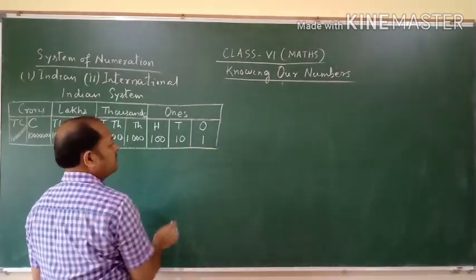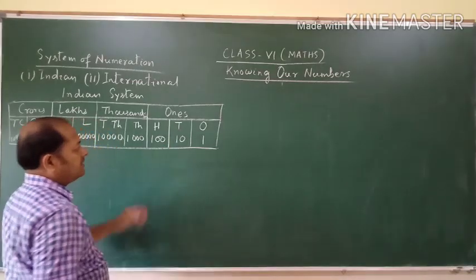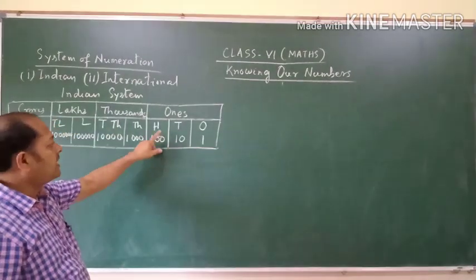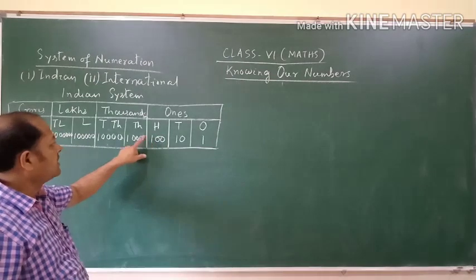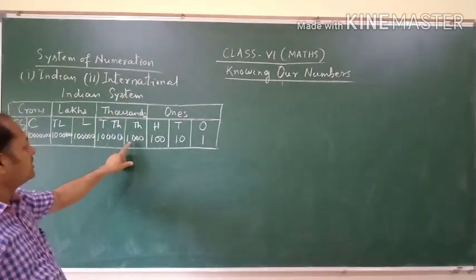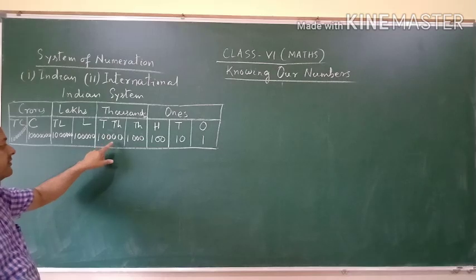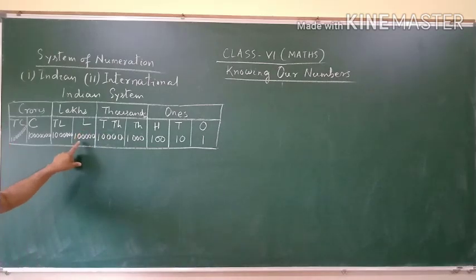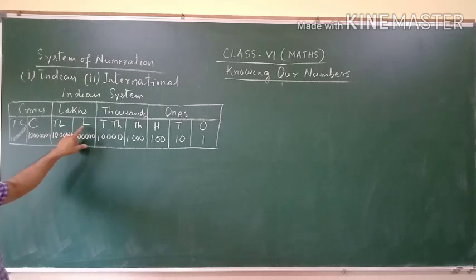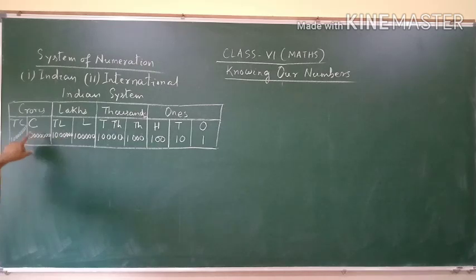Writing here 1, T represents the 10 place, H represents the 100 place, TH represents 1000, TTH represents 10,000, L represents 1 lakh, TL represents 10 lakh, C represents 1 crore, and TC represents 10 crore. So this is according to the Indian system of numeration.